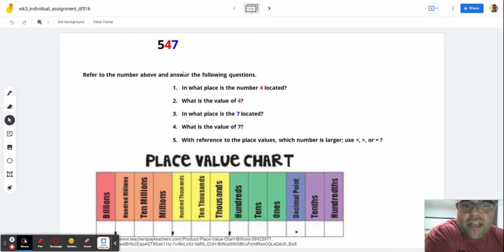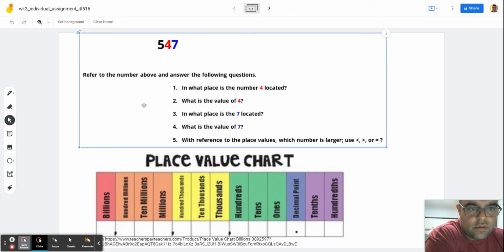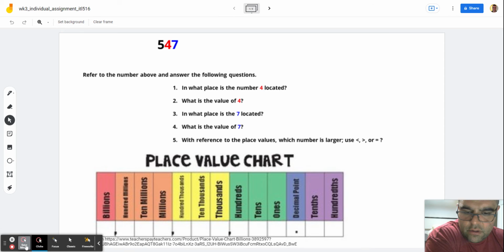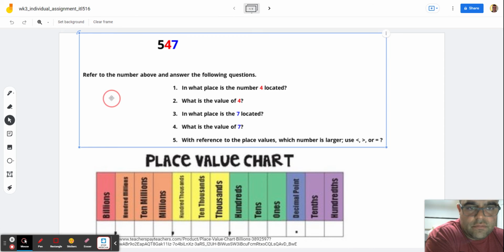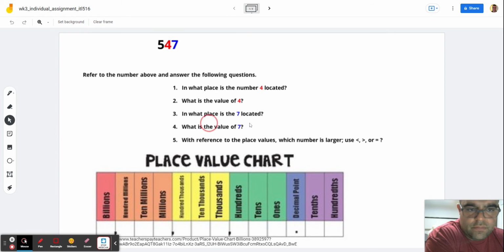So here on our Jamboard, we have the number 547.